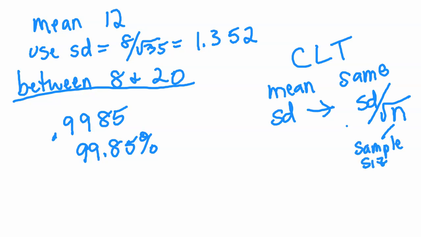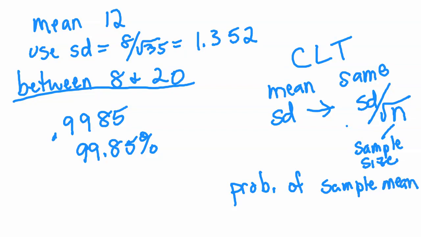And the reason you know to use it is because they ask you for the probability of a sample mean, or the mean of the sample, or they say the mean of the sampling distribution, which is the same thing as probability of the sample mean. Okay, so that was kind of quick, but that's the kind of questions you'll see.